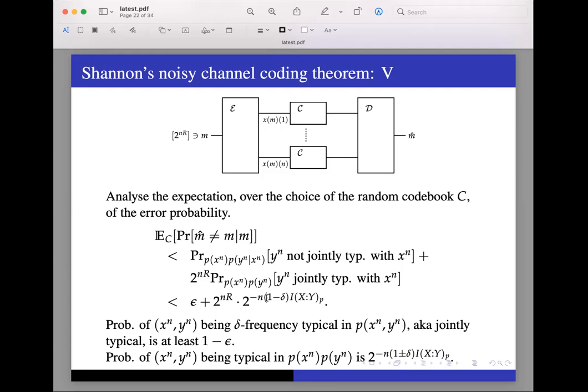Yeah. So maybe it pays to draw a diagram out here to see what we say. So this is how things look.